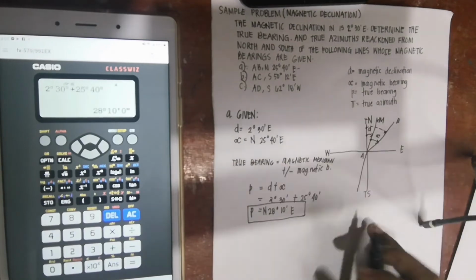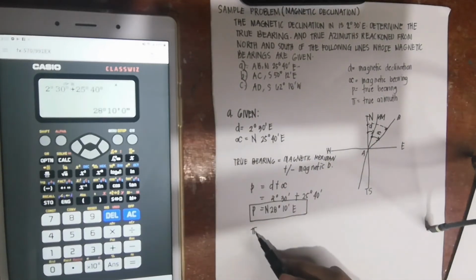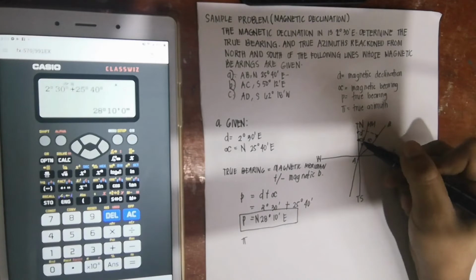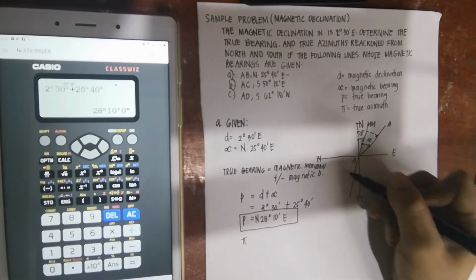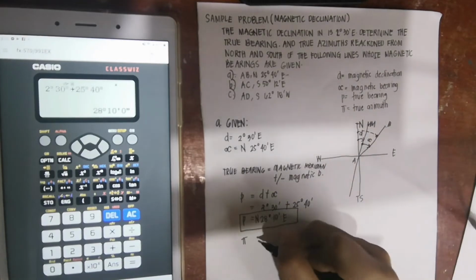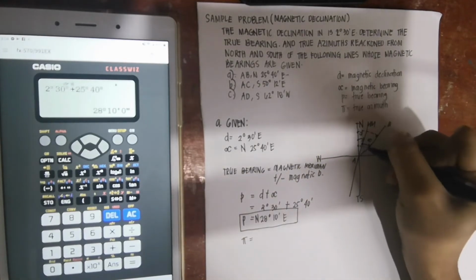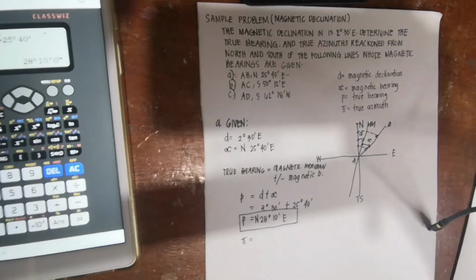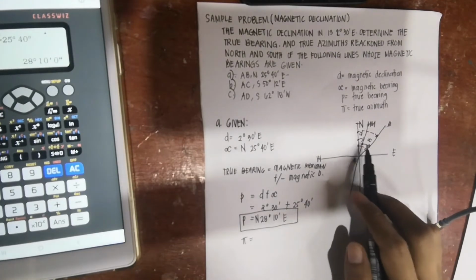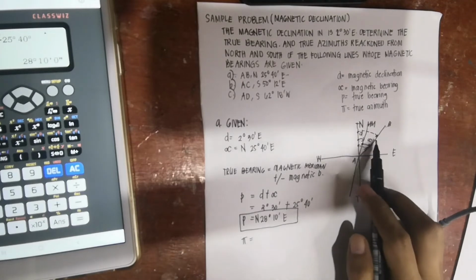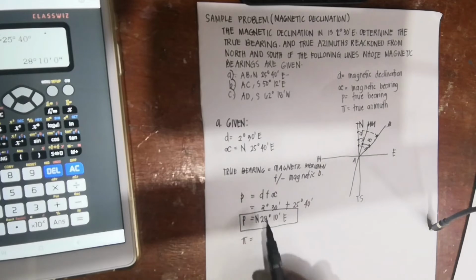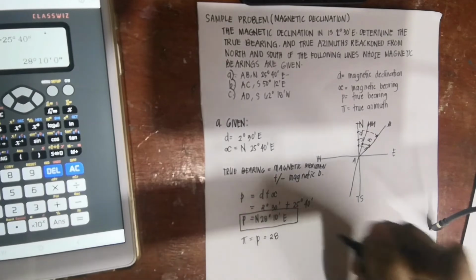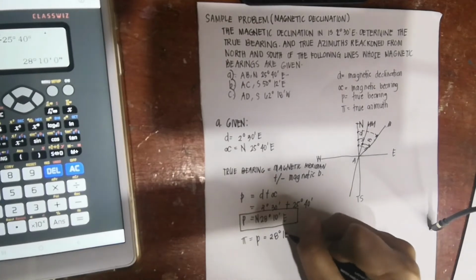Next, we need to identify the true azimuth, from north to line AB, and from south to line AB. Since we already have the value, from north, the true meridian, to line AB, let's call it P, which is equal to 28 degrees and 10 minutes.